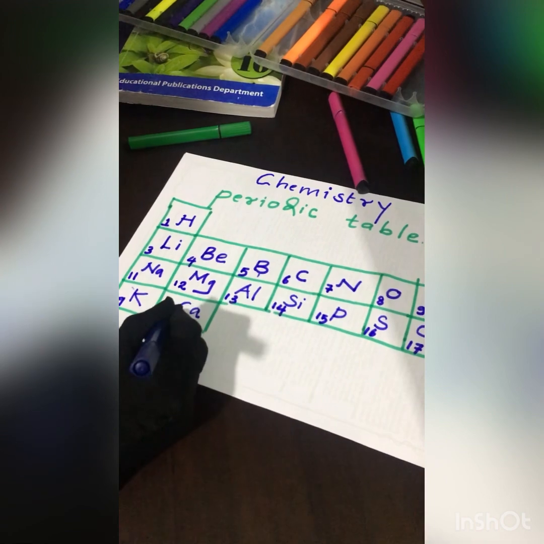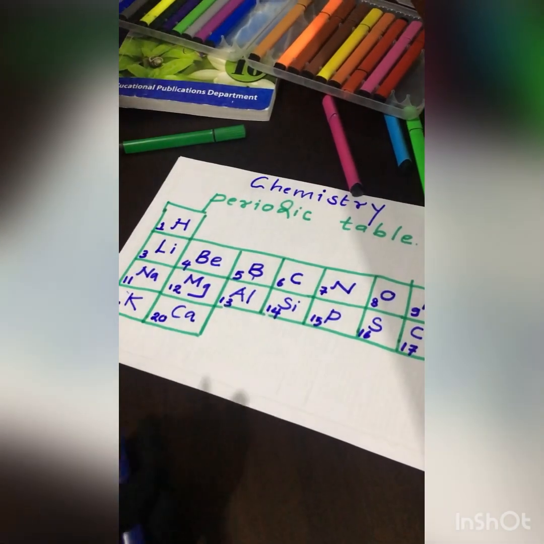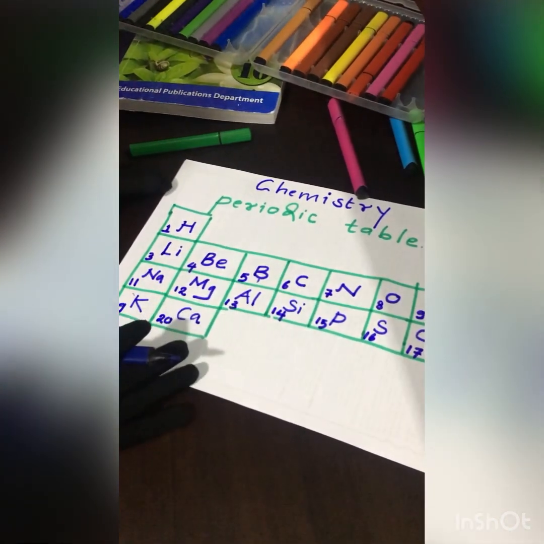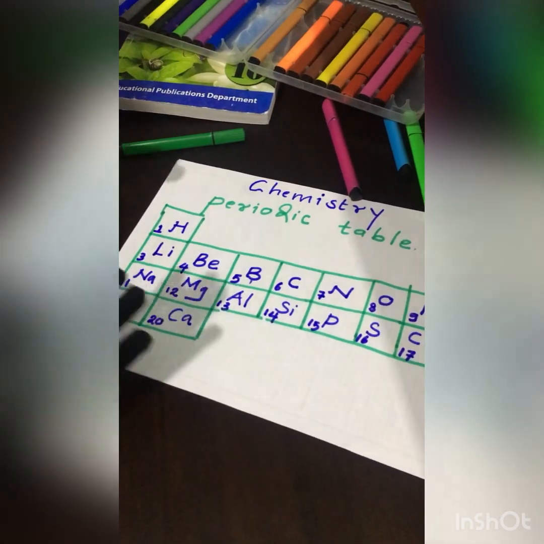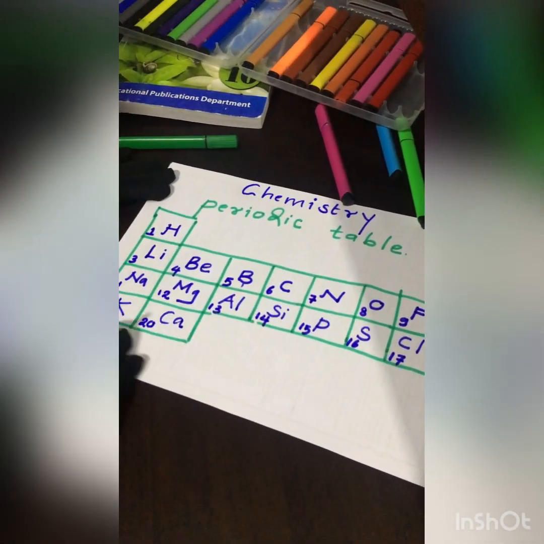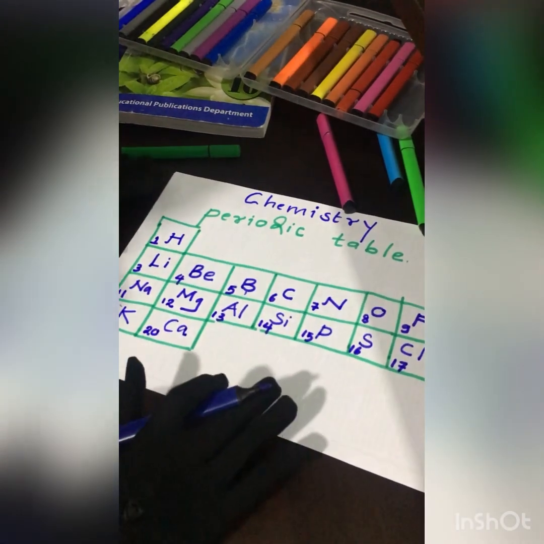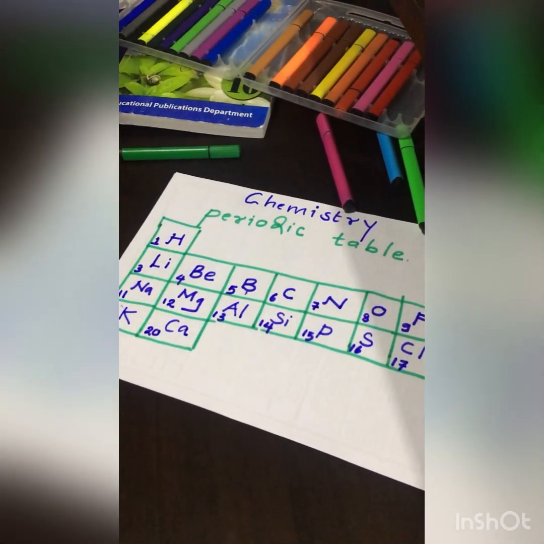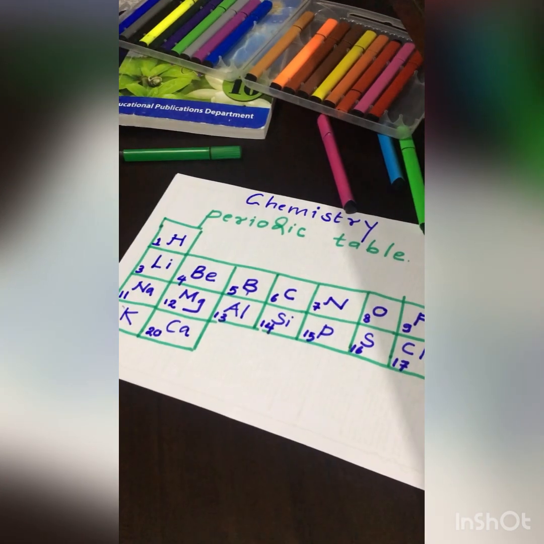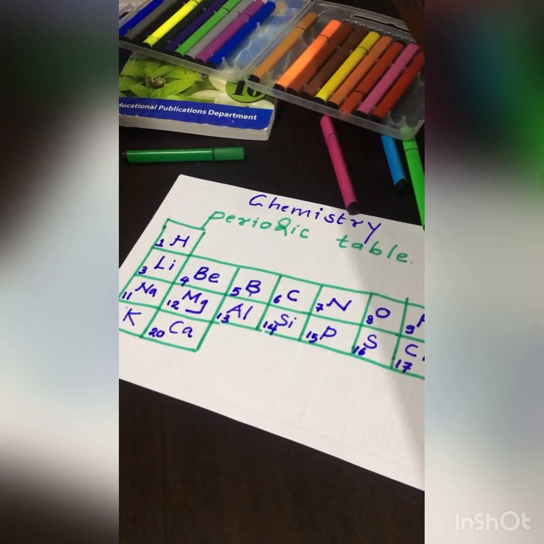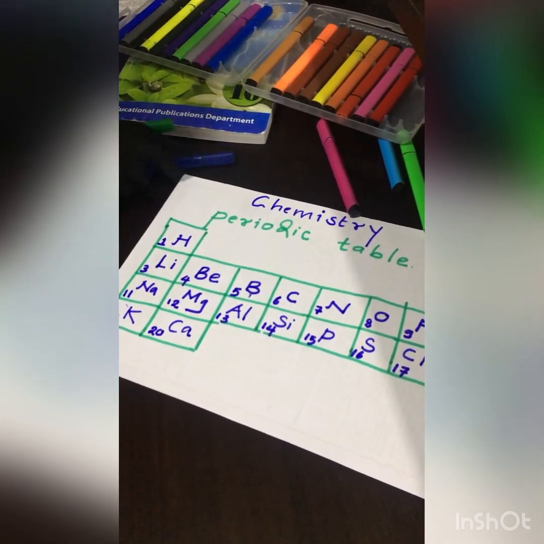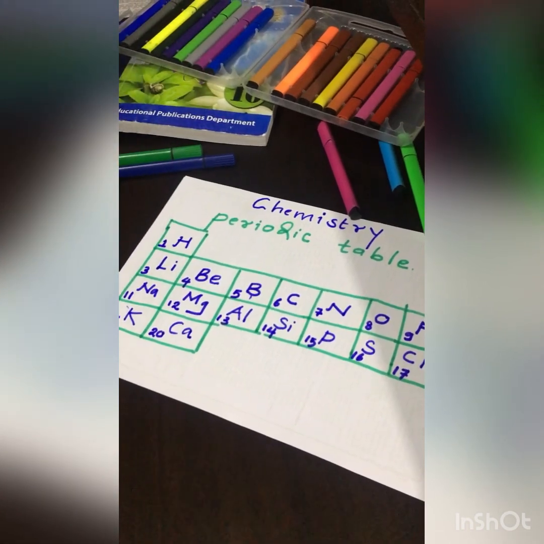Calcium 20. So there are 20 elements. It is a must for all the O-level students to learn these 20 elements, even to draw this, and please memorize this properly. So when you memorize the periodic table, when you know to draw the periodic table, the chemistry becomes very easy.